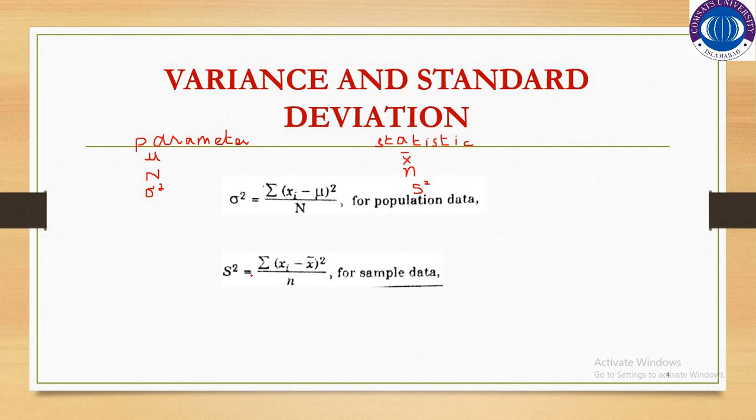This one is for the ungrouped data, and for the grouped data, this would be S square is equal to summation f times x minus x bar, whole square, over n, which we can write as summation f.